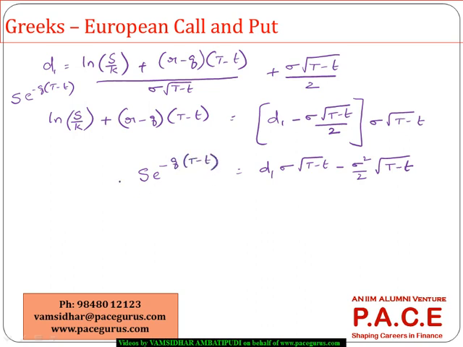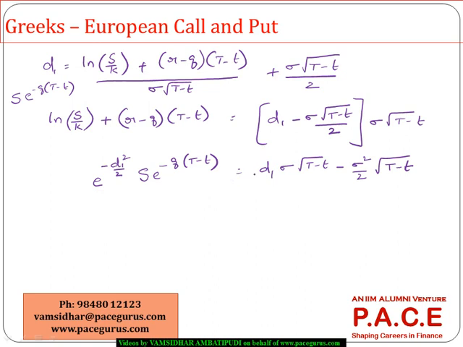Now what I want to do is multiply this side with e power minus d1 squared by 2. Let's say I'm multiplying this side with e power minus d1 squared by 2.